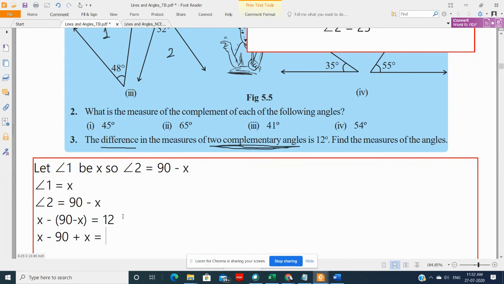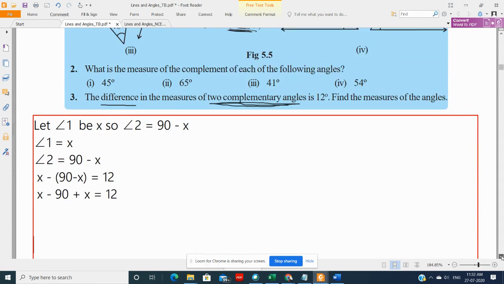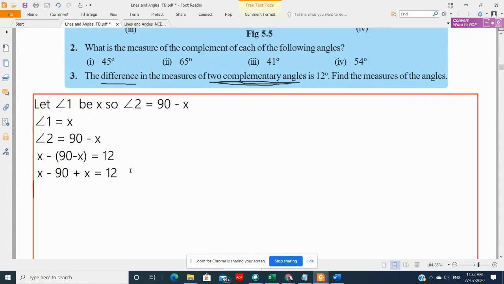Because of this minus sign, minus x would become plus x, and the 12 will remain the same. So x plus x is 2x, and the minus 90 remains the same, equal to 12. Let's write it so that the equal to sign comes just below the equal to sign.